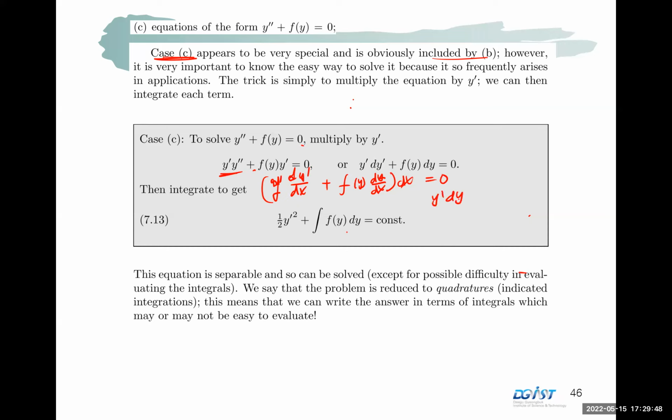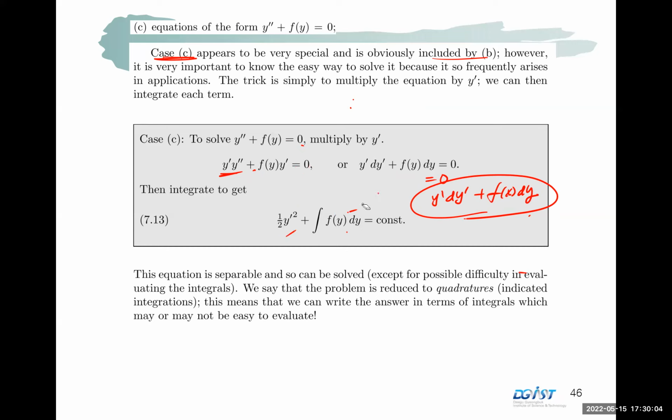So we can write it in this form, and you can easily obtain this one. Actually, you can see this kind of technique in many places, in many physical equations. And this kind of equation is separable and can be solved. It depends on the details of the integrals, but somehow we can handle it.